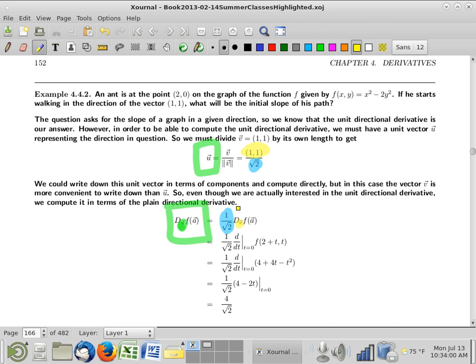Now, I emphasize, it's not because I actually want this D_v f. I'm not actually interested in that directional derivative. It's just that this is easier to compute. Again, look at the nice integer coefficients in this whole calculation, very convenient. This is easier to compute with, and I can relate it to the thing I'm actually interested in, namely the unit direction.